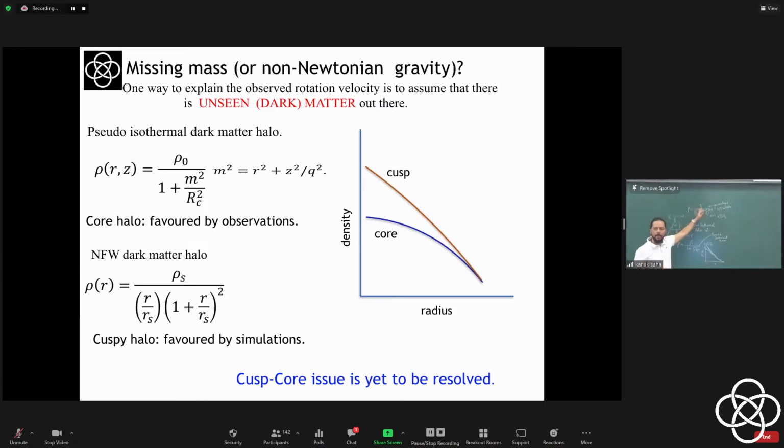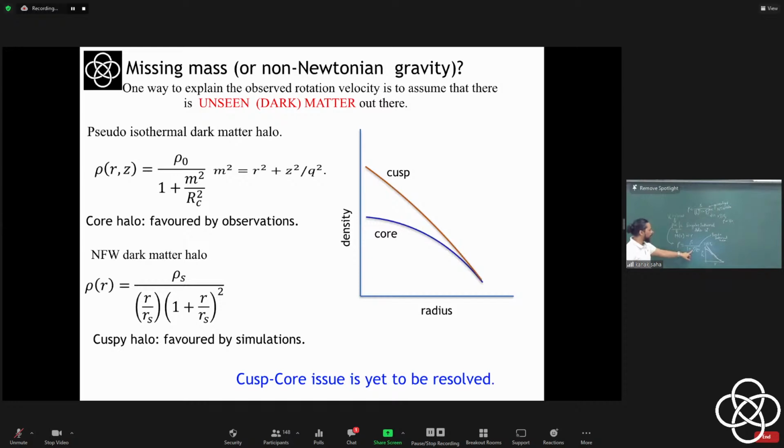So this dark matter halo is modeled by two parameters: the central density and the scale length. Similarly, central density and a core radius. When R is greater than Rs, rho is proportional to 1 over R cube.